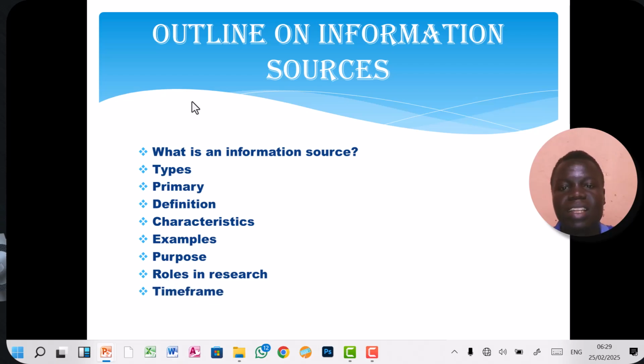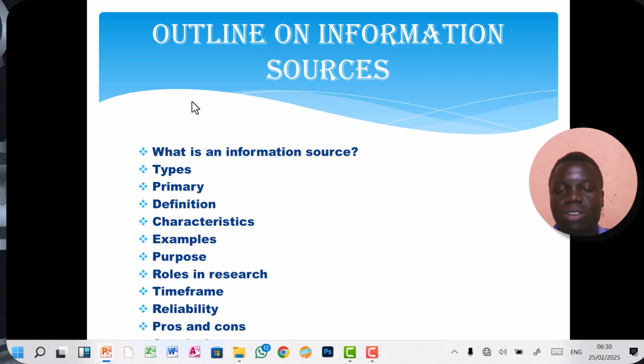Likewise, we will look at the time frame of this source of information, of which we will get to know that this source of information is more crucial. And next in the list, we shall be looking at the reliability of the primary source of information, so looking at the pros and the cons. The pros and the cons are the advantages and disadvantages of this primary source of information, and therefore we shall be able to conclude this course.